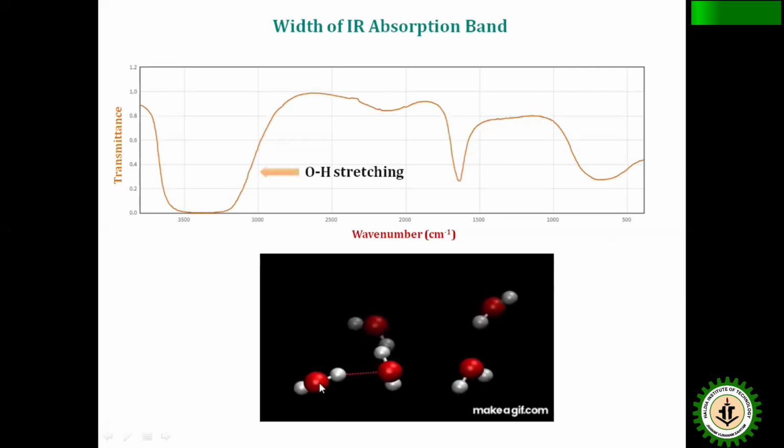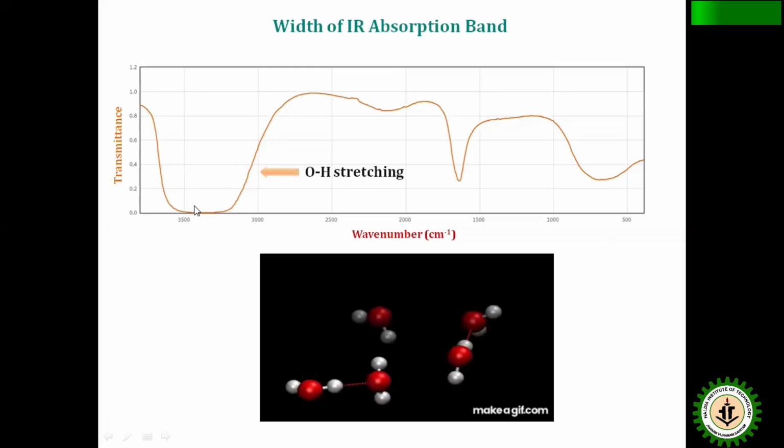For example, this OH bond distance is changing, it is increasing and it is decreasing. And as a result, the OH vibrational frequency also changes, and the IR radiation that is absorbed by this OH vibration also changes, and that is why this OH stretching vibration appears to be very, very broad.